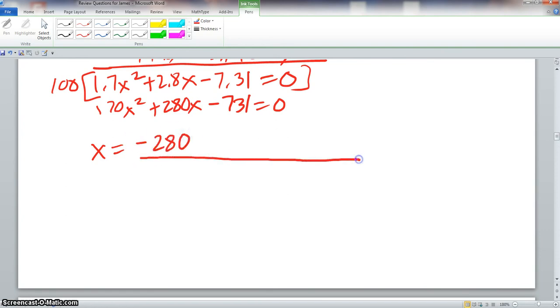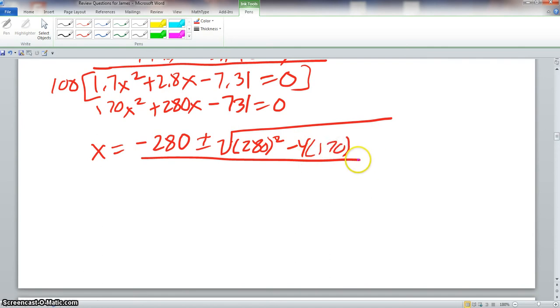So it'll be a negative 280 plus or minus the square root of 280 squared, minus 4 times A, which is 170, and C, which is negative 731. And that's all over 2 times A, which is 2 times 170.